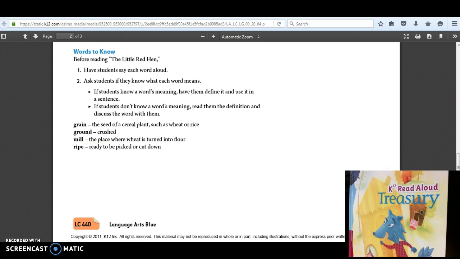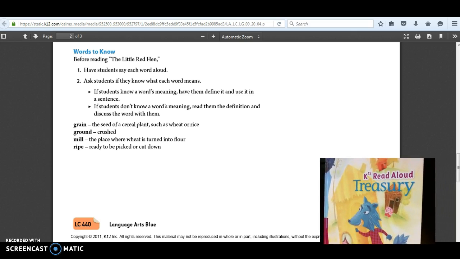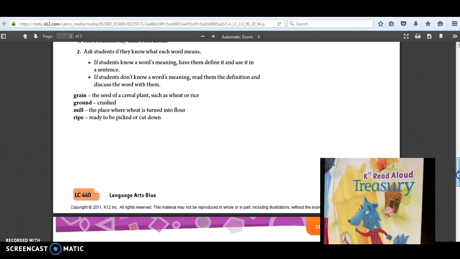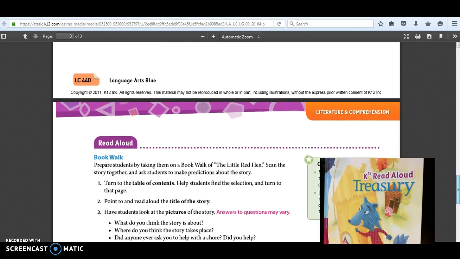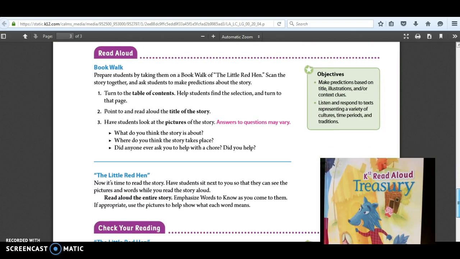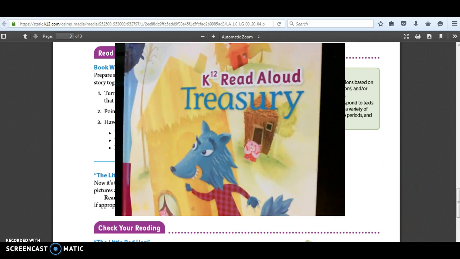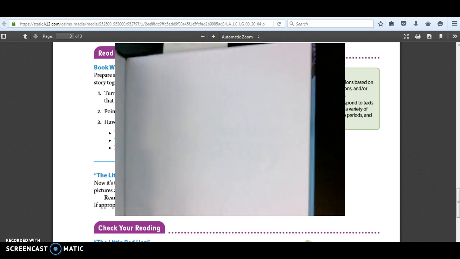So learning coaches, these are the words that you need to go over with your student before you read The Little Red Hen. And then before we read the story, we're also going to do a book walk. So I'm going to show you what I mean by doing a book walk. You can get your Read Aloud Treasury book, and we're going to locate the table of contents.